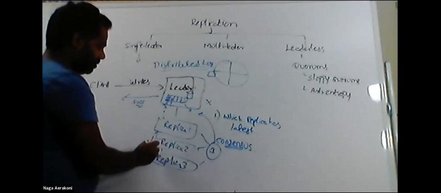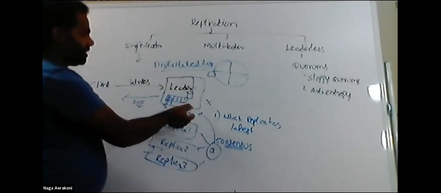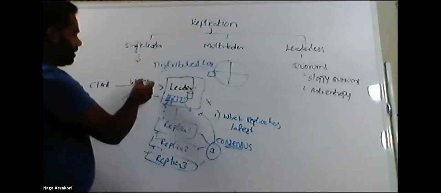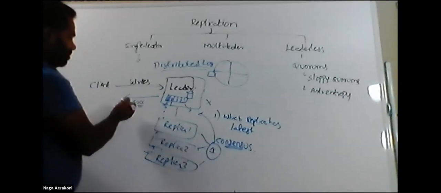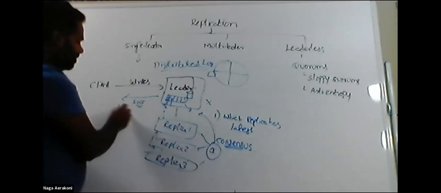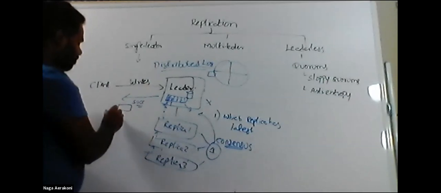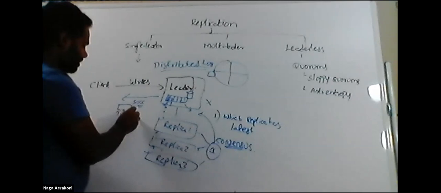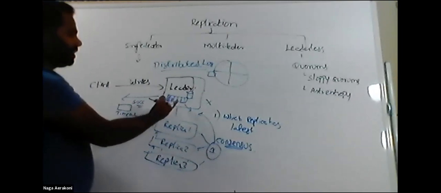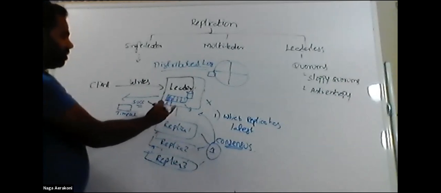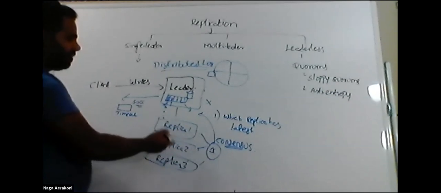If the leader doesn't respond for a certain time, or a certain number of writes continuously fail on timeout, there needs to be a system which monitors that these writes are continuously failing, timing out, or erroring out. There are some conditions on which you mention that this leader has failed and is no longer serving. Then the replicas will need to arrive at a decision.